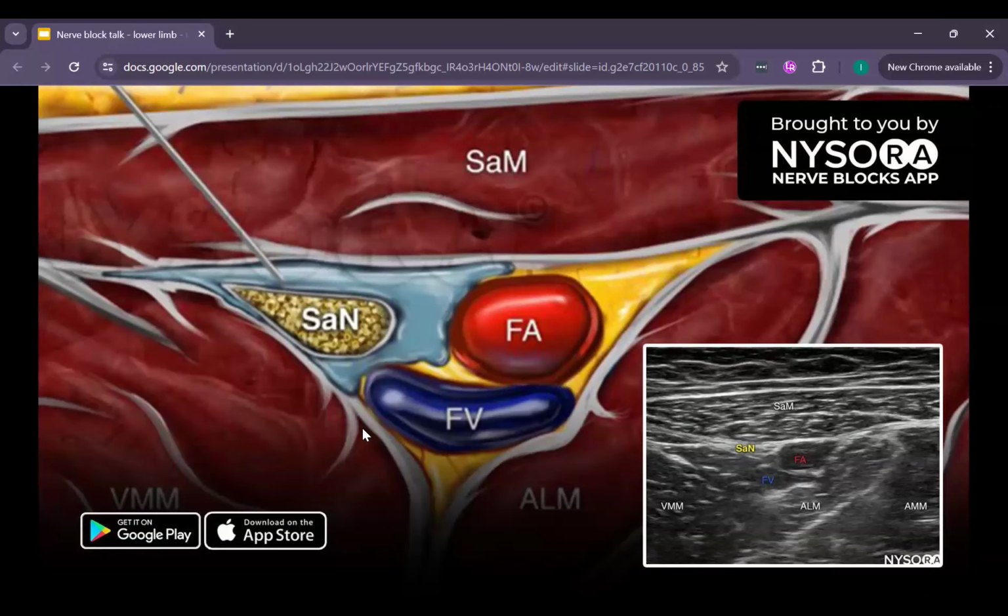The nerve to vastus medialis is a little bit smaller than the saphenous nerve, and so it can be transected accidentally. With the butterfly probe, you may not always see the nerve to vastus medialis, so just be aware that it is located a little bit more laterally below that subsartorial fascial layer.